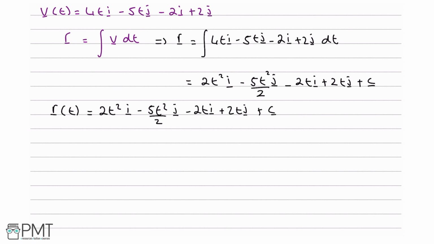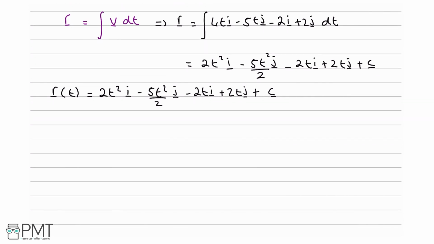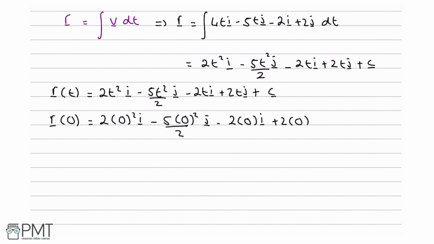Let's just fix that plus, make it neater. There we go. This means that when t equals 0, we get 2 times 0 squared i minus 5 times 0 squared over 2j minus 2 times 0 times i plus 2 times 0 times j, and then plus c equals 0.